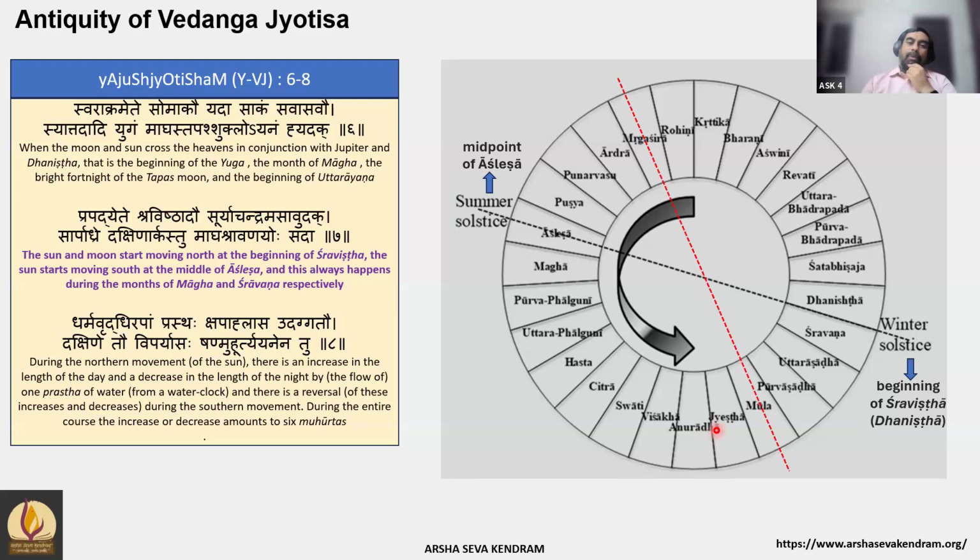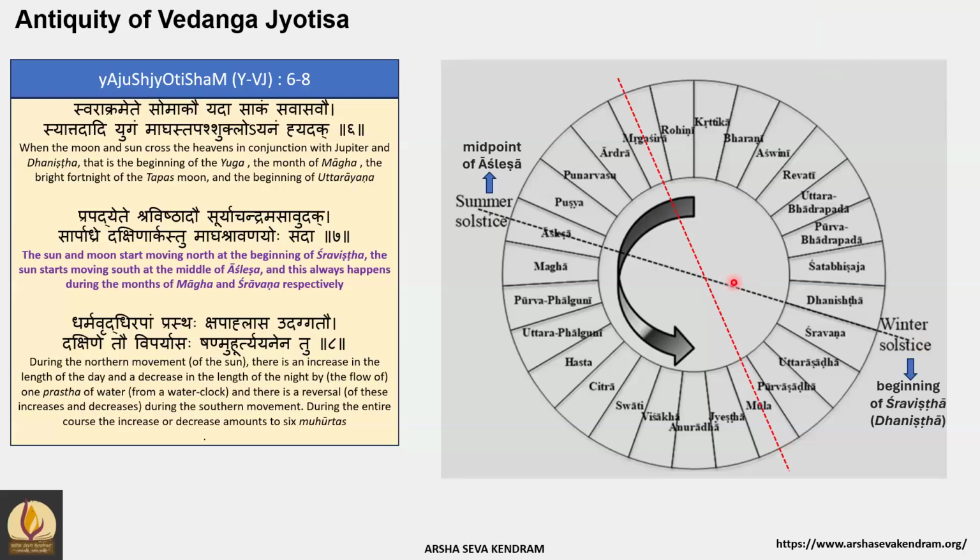Okay, so quick question: can you take a guess as to what this red line could be? Anyone? So remember that the solstices happened in these nakshatras at the time of Vedanga Jyotisha. Is it like the start of the year?